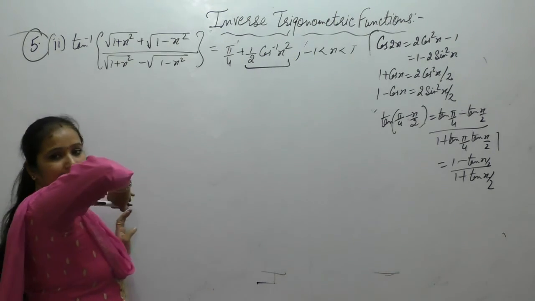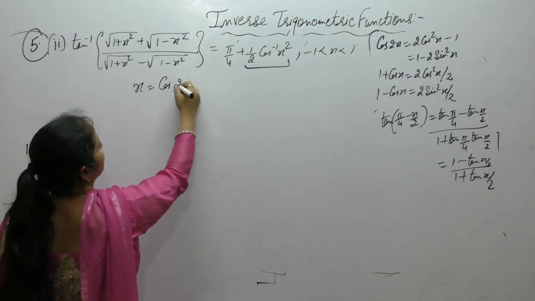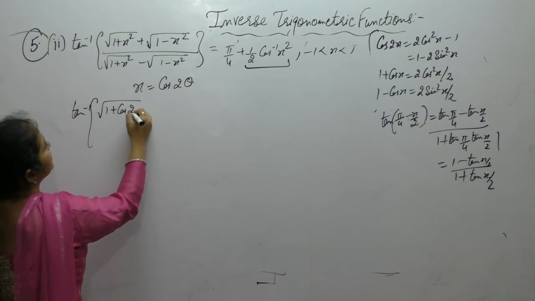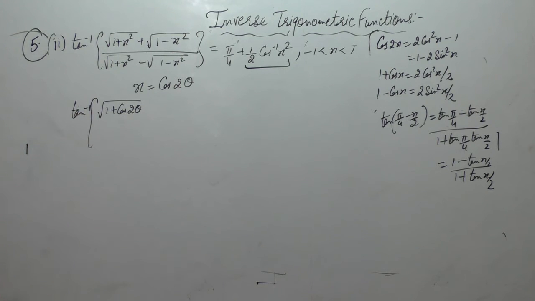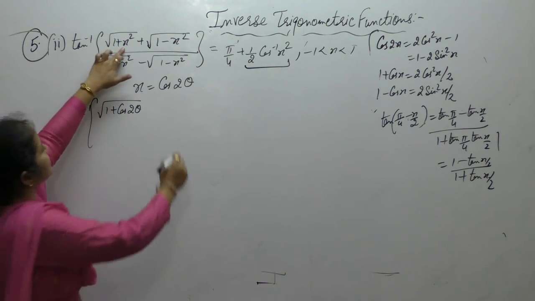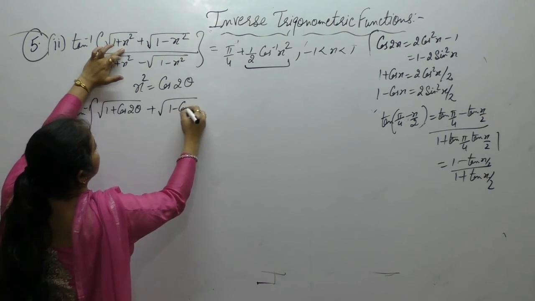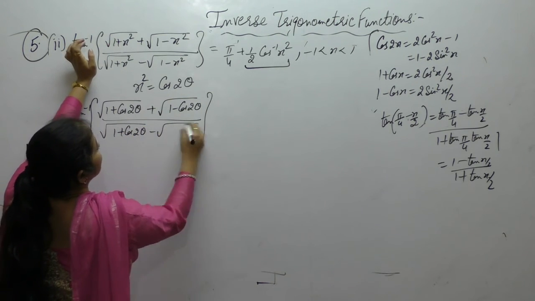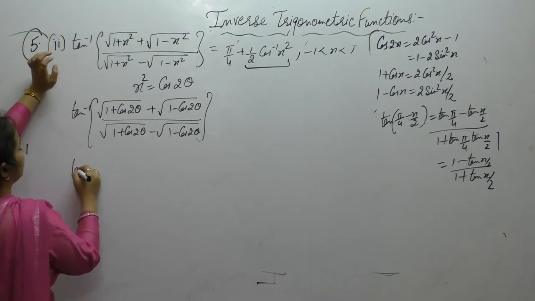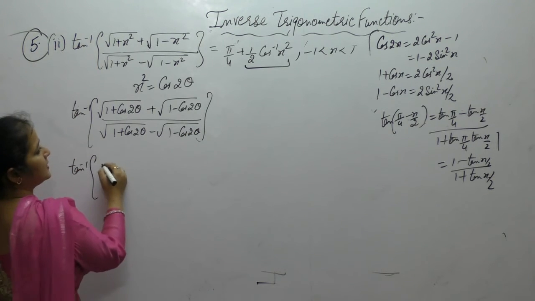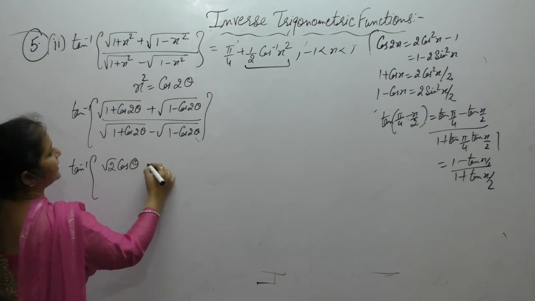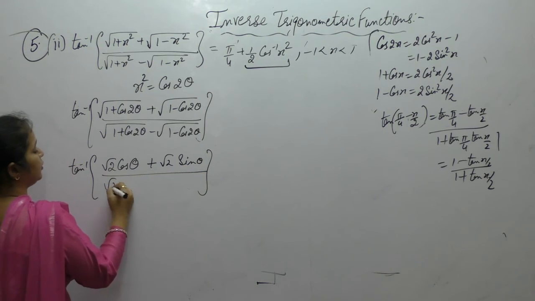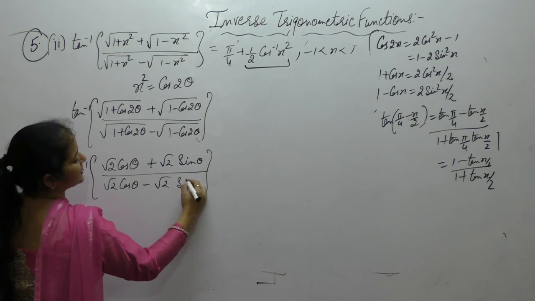Put this value equal to theta, then you get x as cos 2 theta. Tan inverse, put x square as cos 2 theta here: 1 plus cos 2 theta plus 1 minus cos 2 theta over 1 plus cos 2 theta minus 1 minus cos 2 theta. So what we get? 1 plus cos 2 theta is root 2 cos theta, plus root 2 sin theta, over root 2 cos theta minus root 2 sin theta.